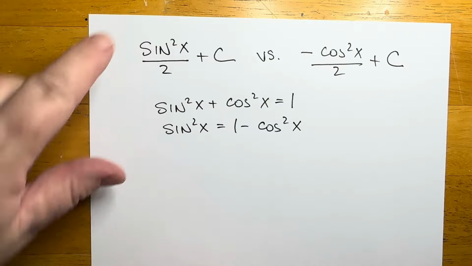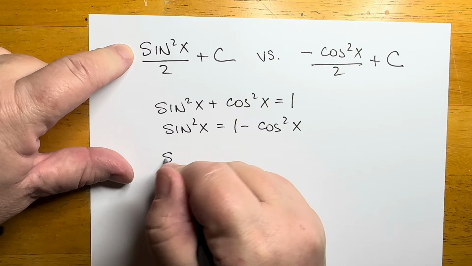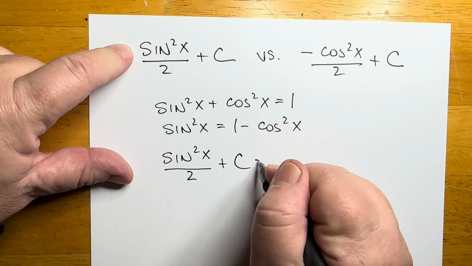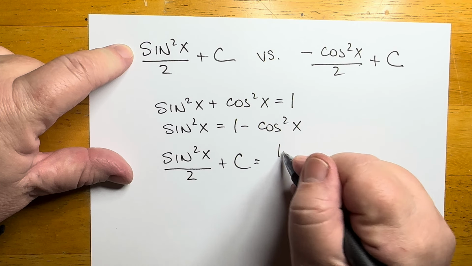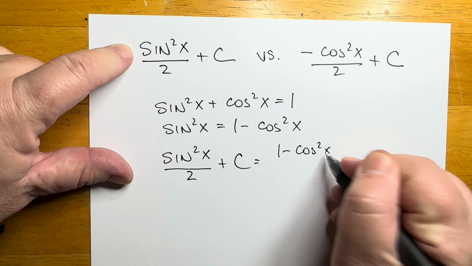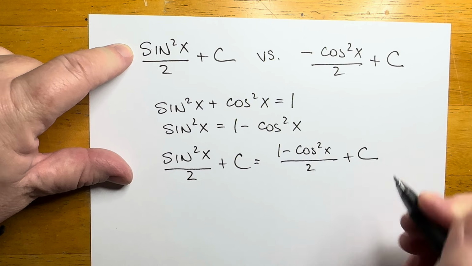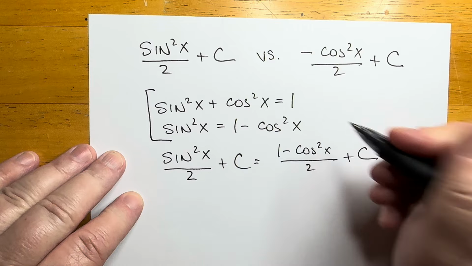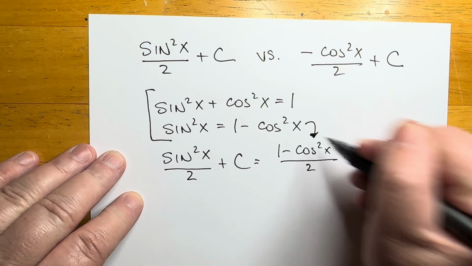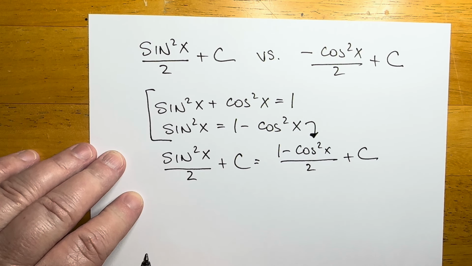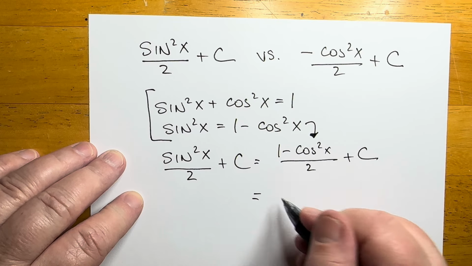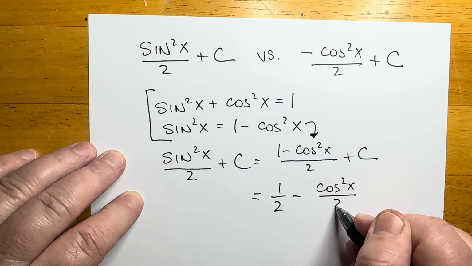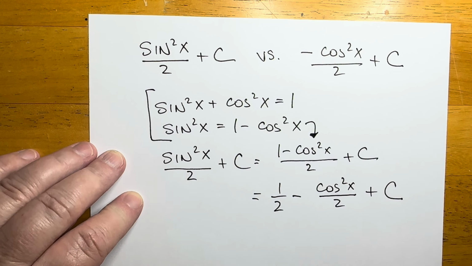Okay, so here's sine squared x over 2 plus c. That's got to be 1 minus cosine squared x over 2 plus c, right? Because instead of sine squared, I'm going to plug in 1 minus cosine squared. Okay, so that's going to be 1/2 minus cosine squared x over 2 plus c.